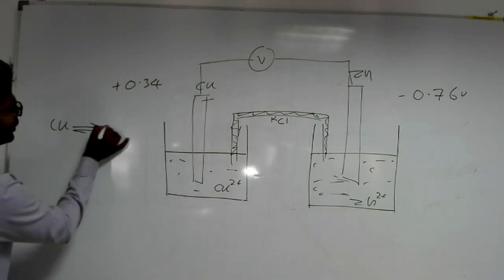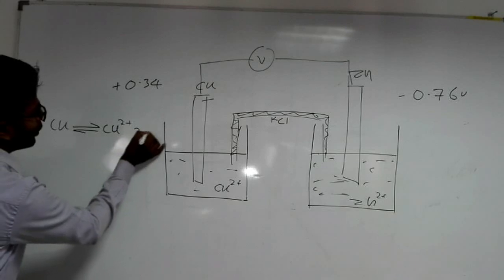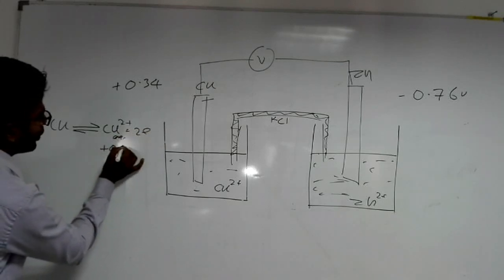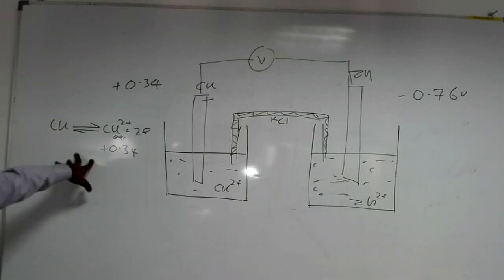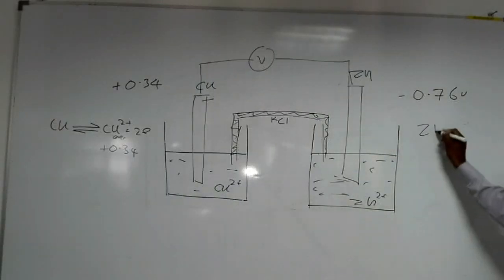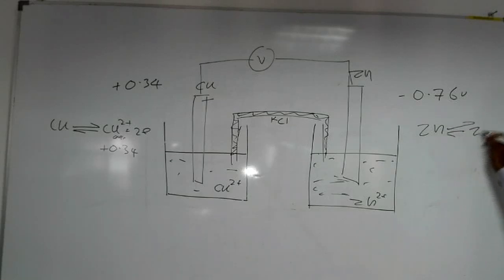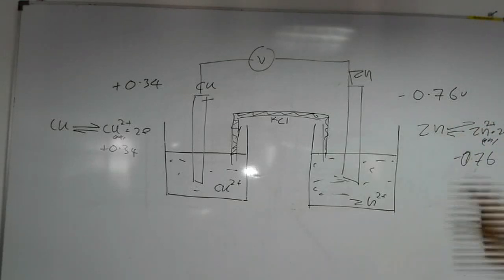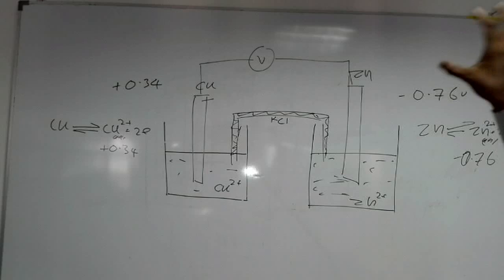Copper like this. In some questions it will be given like this, and in some questions for zinc it will be given like this. Then you have to identify which one is the oxidation part and which is the reduction part.